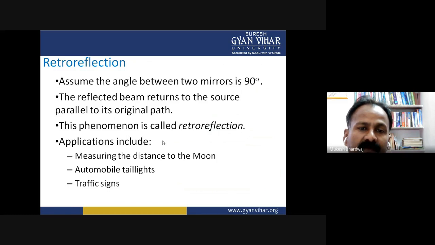If two mirrors are at 90 degrees, the reflected beam returns to the source parallel to its original path, and this phenomenon is called retroreflection. Applications include measuring the distance of the moon, automobile tail lights, and traffic signs.